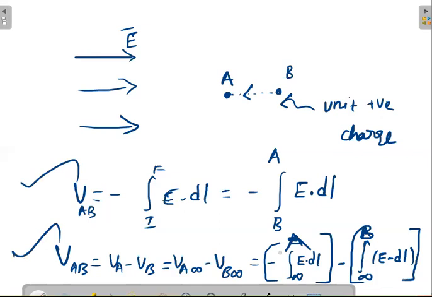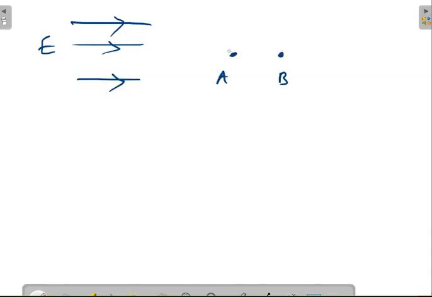Now I'll explain what is actually happening there. See, this is the case of the electric field, E field, and I want to move from B to A. I can directly calculate once I go from B to A. Or otherwise, they are assuming from infinite to A, how much energy I have to spend.